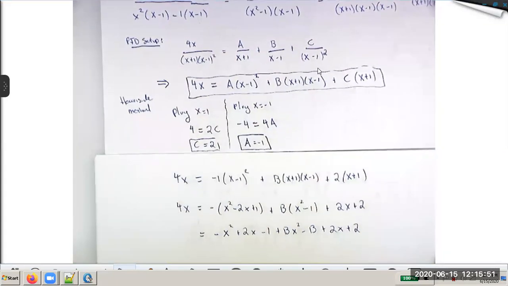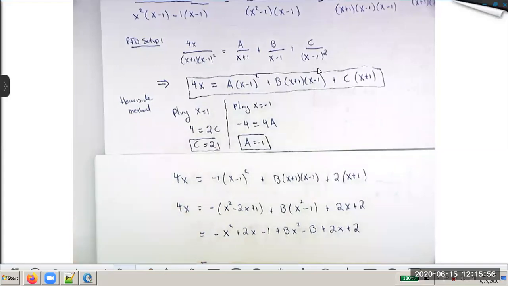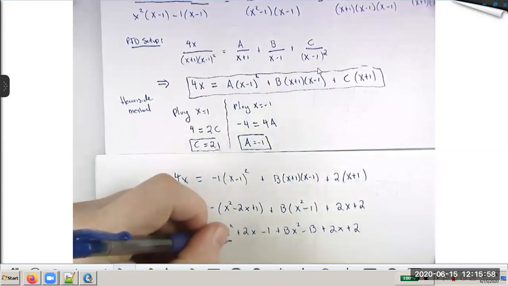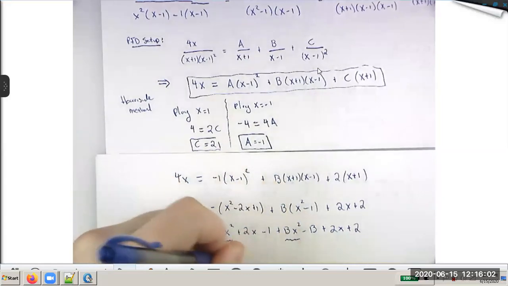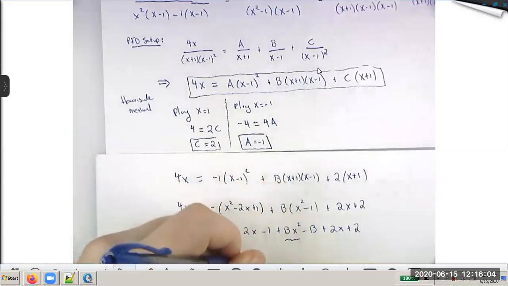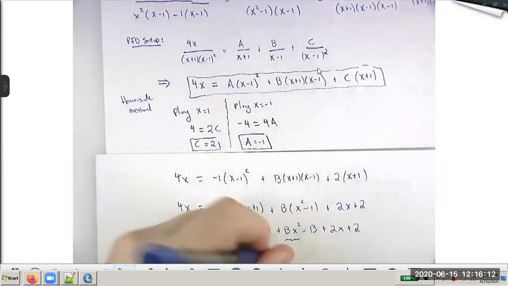And now I put all my x's together, my x squareds together, and so on. X squared terms are here and here. So I have b minus 1 x squared. X terms, I've got plus 2 of them here, plus 2 of them here. That's plus 4x.